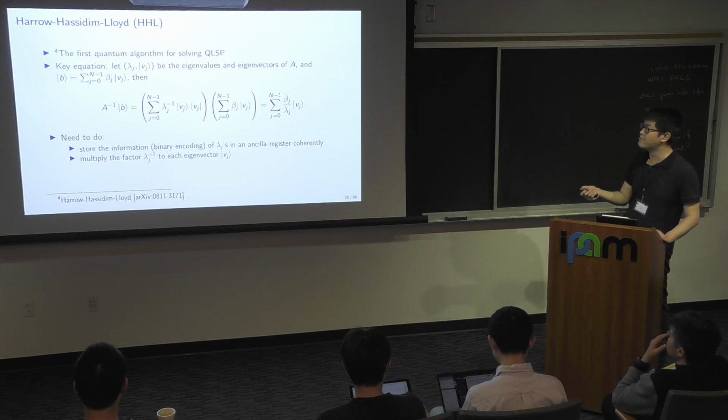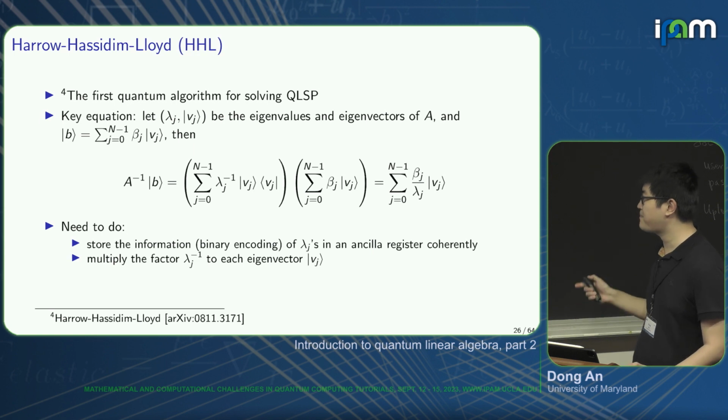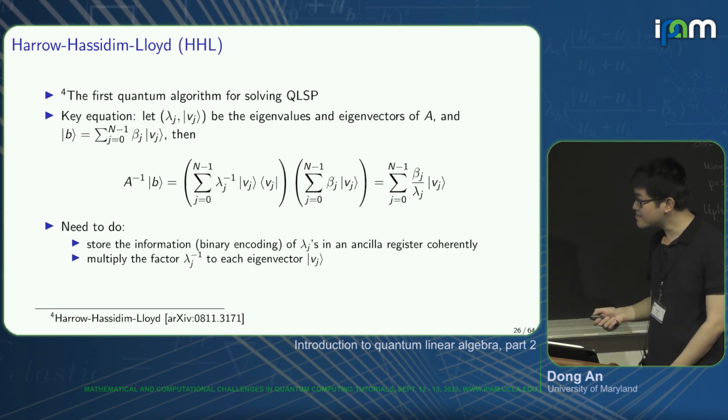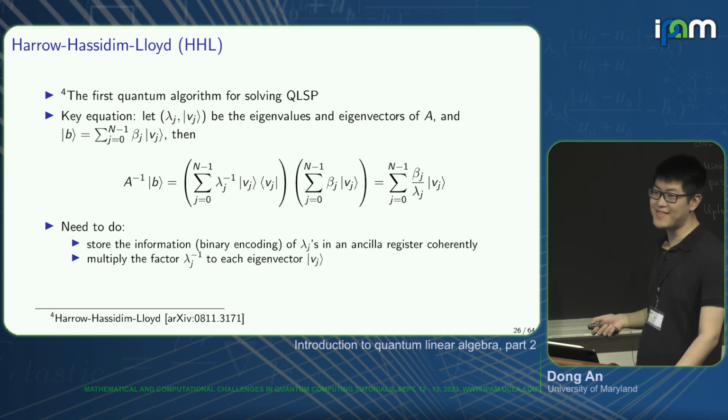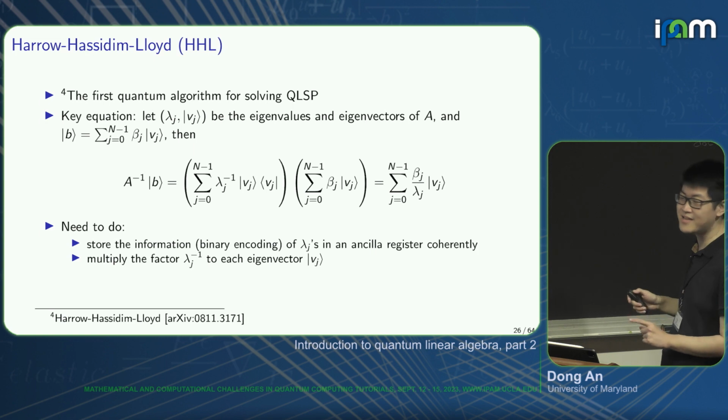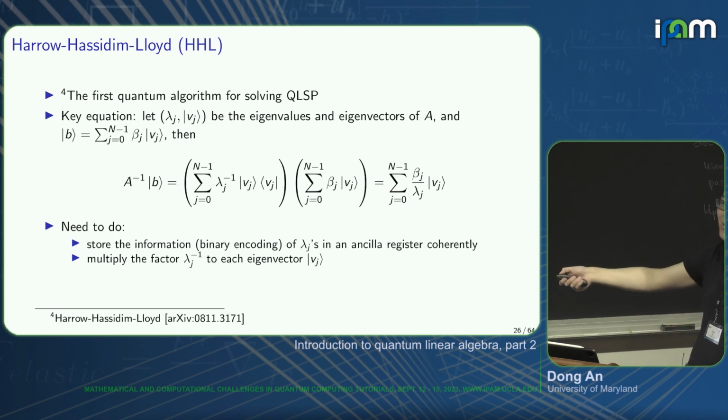So basically, if we change the basis to the eigenstates of the matrix A, what we are doing is just multiplying a lambda j inverse on the corresponding eigenstate. This is the key equation, and the HHL algorithm is exactly trying to implement it.